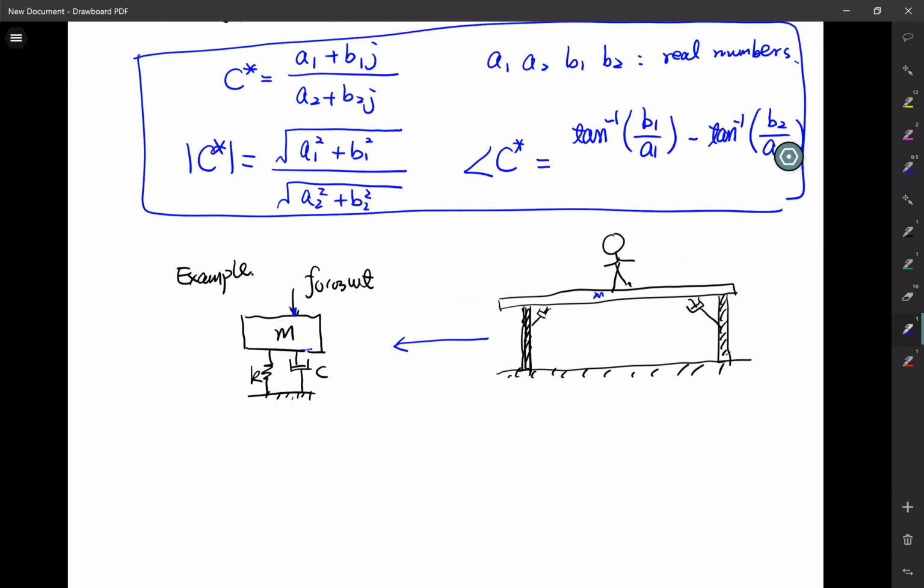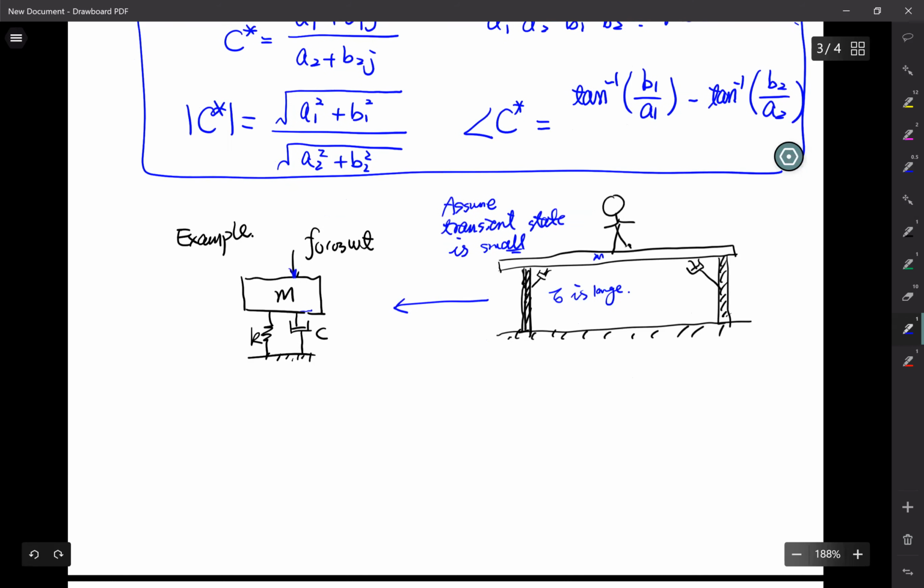We assume transient state is small. So that means your damping might be really large. So once this person jumps, you're not going to see a huge acceleration at the beginning. So then you can use steady state to design the problem.